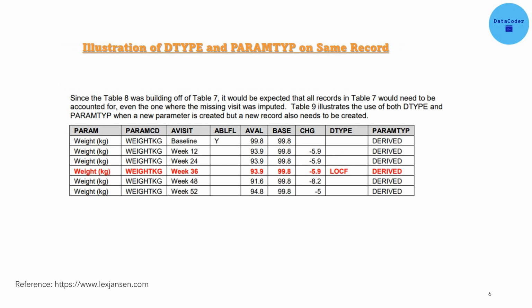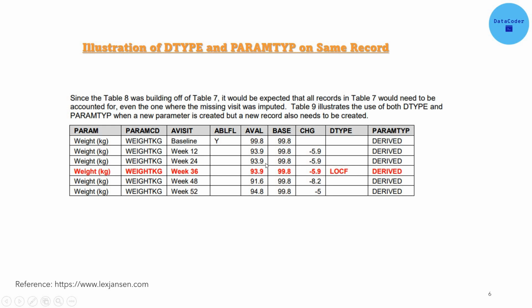For the last example, we see both DTYPE and PARAMTYPE have been used for the same record. That means from weight in LB we derived weight in kg, and the PARAMTYPE is DERIVED. But for the same thing, week 36, the value was missing. So this missing value has been derived again for this weight in kg, and the method used is LOCF, last observation carried forward.